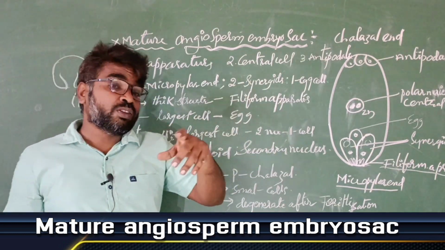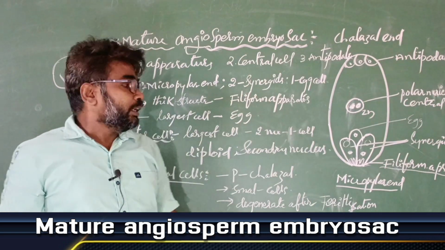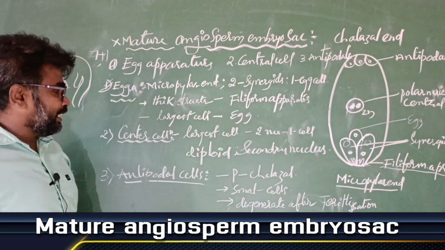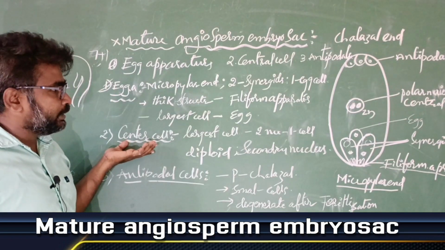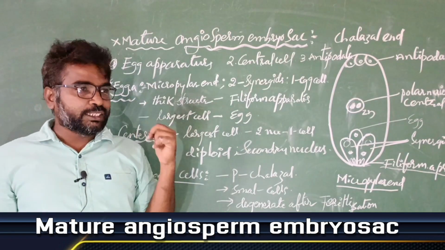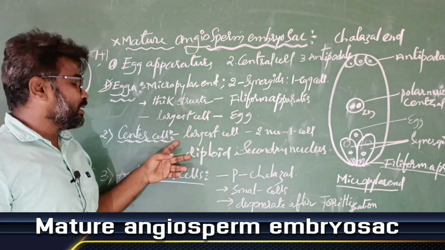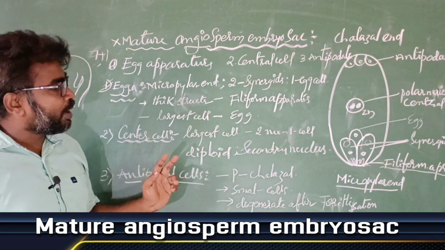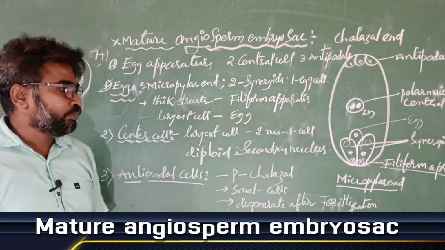The central nucleus is also called the secondary nucleus. Once again, the central cell consists of 2 nuclei in 1 cell. Next, the central nucleus is formed from the fusion of 2 polar nuclei.